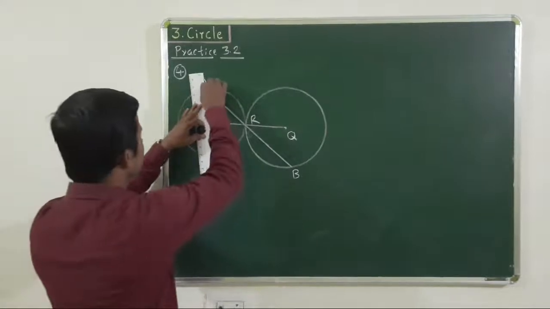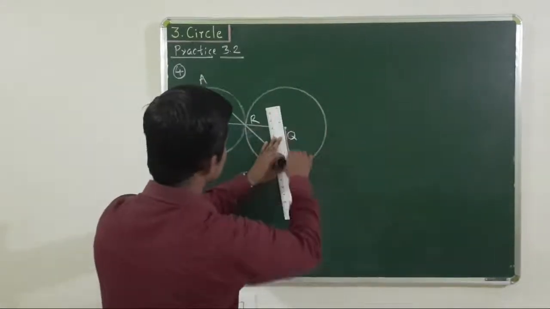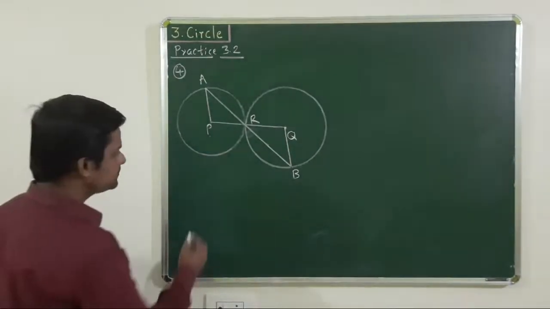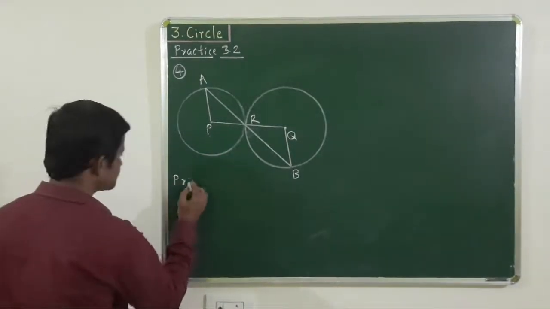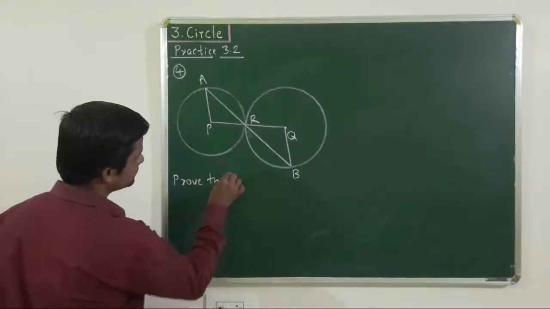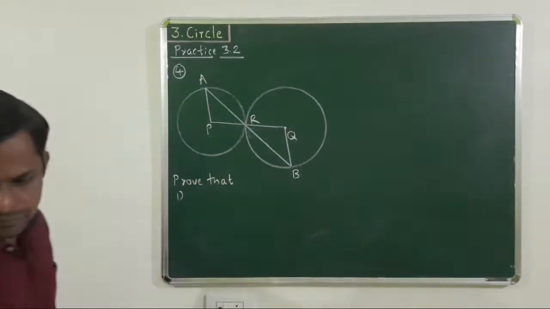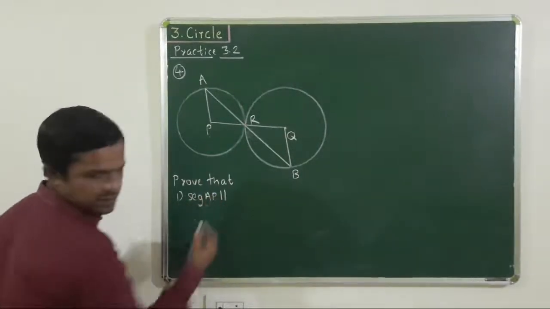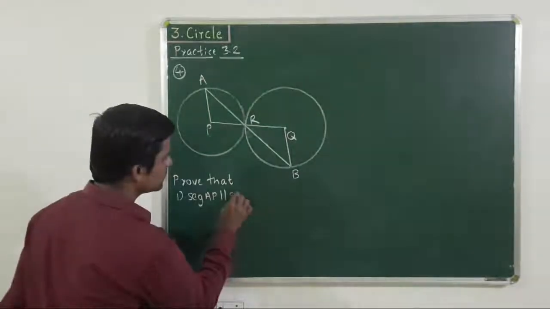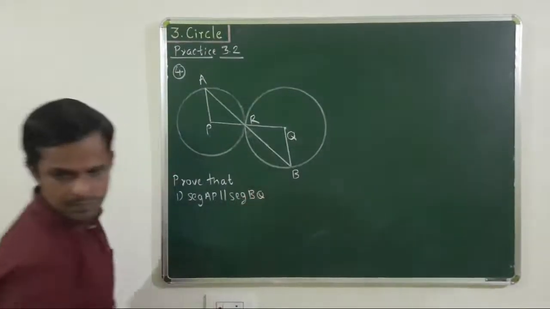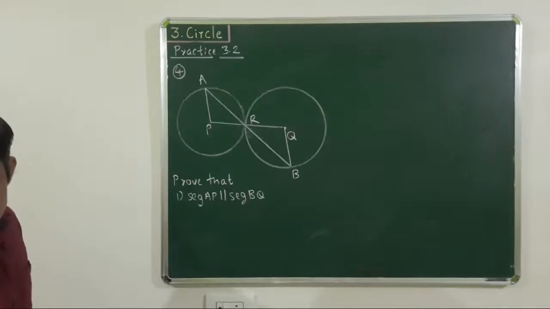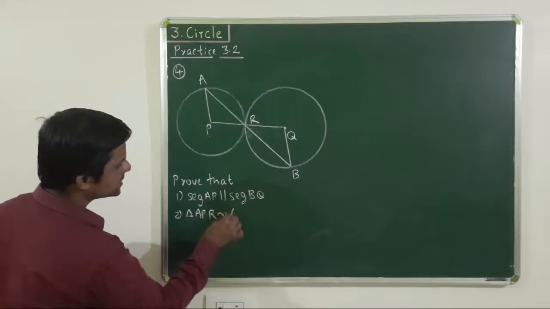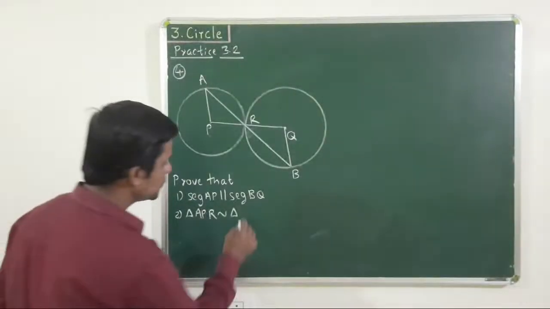Then join AP and QB. It's about the diagram. Prove that number 1, segment AP is parallel to segment BQ, and number 2, triangle APR is similar to triangle RQB.